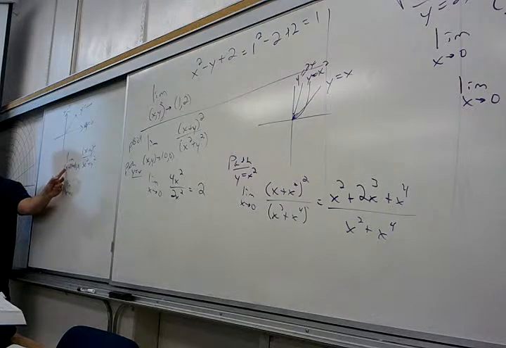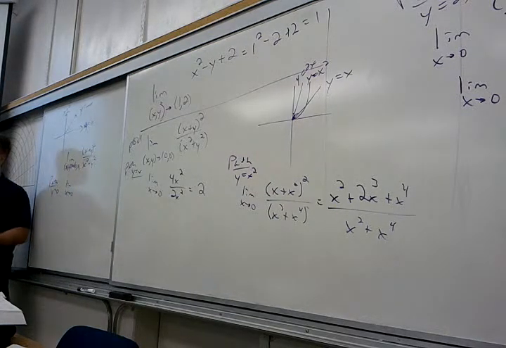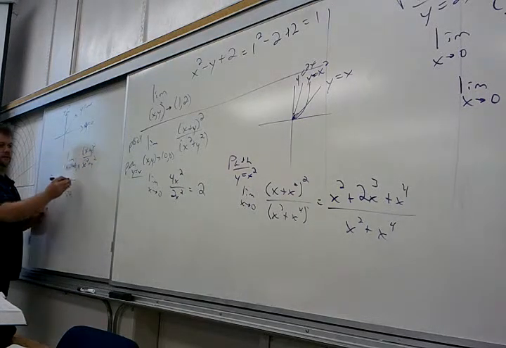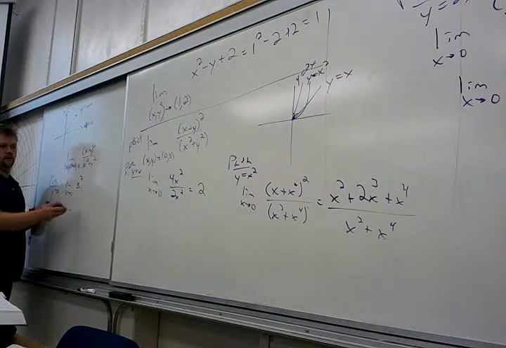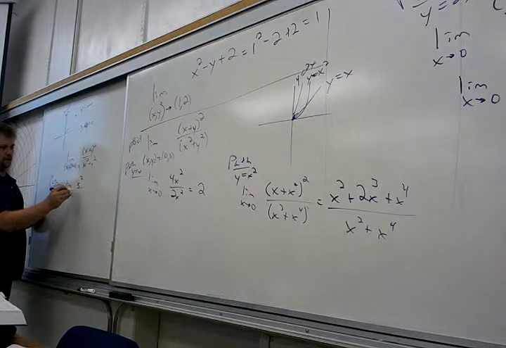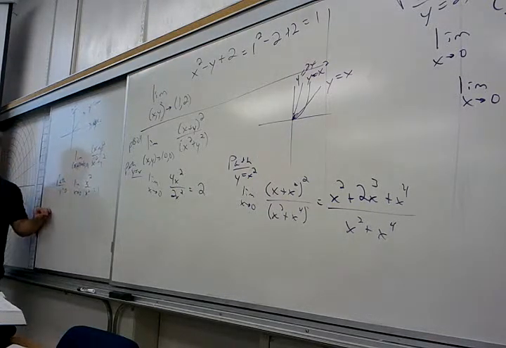Can't I go to 5, 0, 4, 0, 3, 0, 2, 0? Won't that eventually get to 0, 0? Of course. 0.1, 0.01, if I really want to step in really small increments. Same idea as before. What do you get when you plug a 0 in for y? x squared over x squared, which is 1.